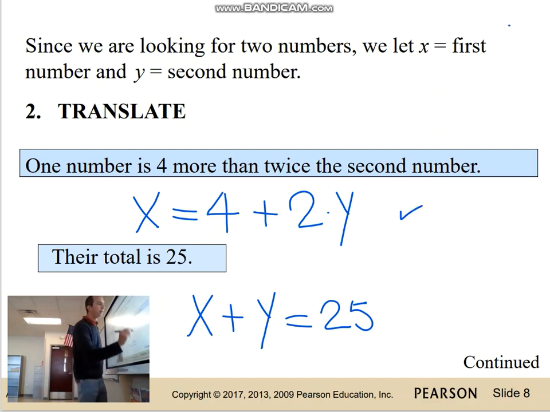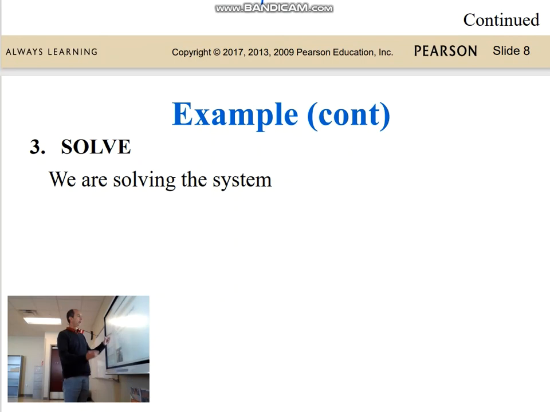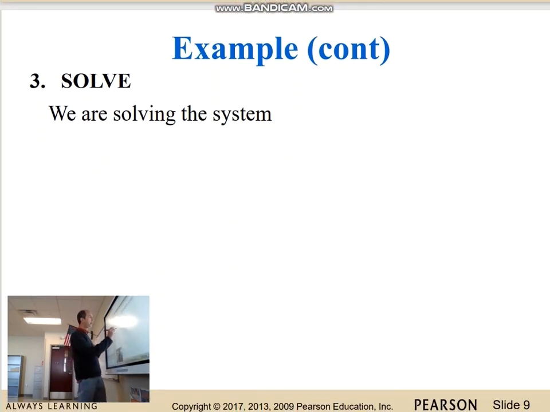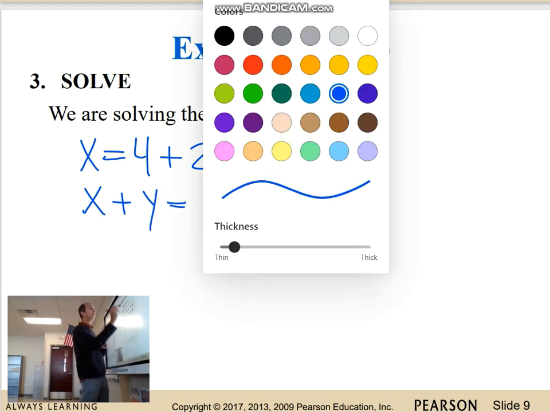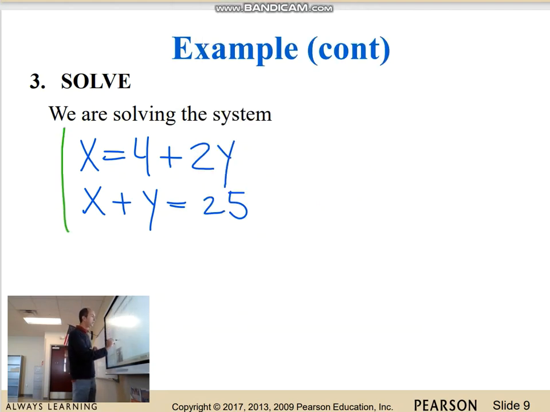Now we have a system with two equations. And let's write the system here. It's x equals 4 plus 2y, and x plus y equals 25. See? We have a system with two equations, and we can solve this system.